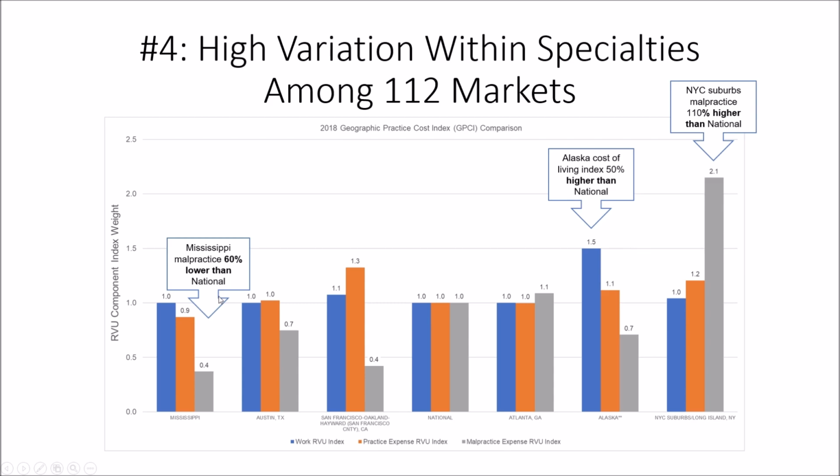On the right, Alaska has now been assigned a 50% higher cost of living index than the national base level. On the far right, the New York City suburbs have a 110% higher malpractice cost index than the national base level. All of these variations in geographic cost indices affect reimbursement for different specialties in different ways.